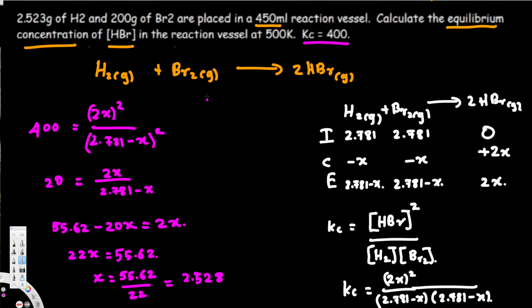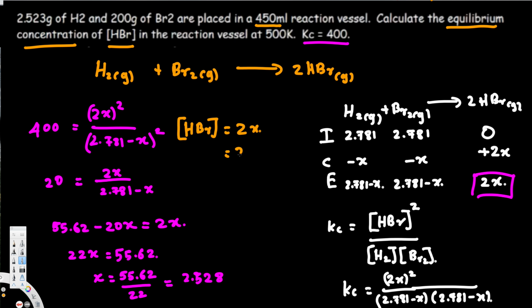Here the question is asking for the equilibrium concentration of HBr. From the ICE table, we know that the equilibrium concentration for HBr is 2x. So we have to find what the 2x value is. Now let's write that down. Okay, we have 2x, so let's say HBr concentration is equivalent to 2x, and we calculated the x value, that is 2.528.